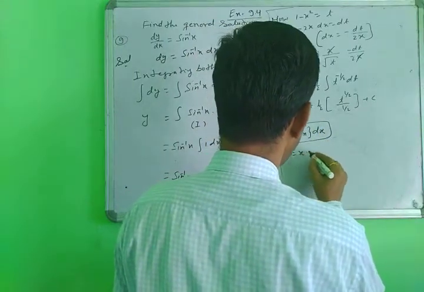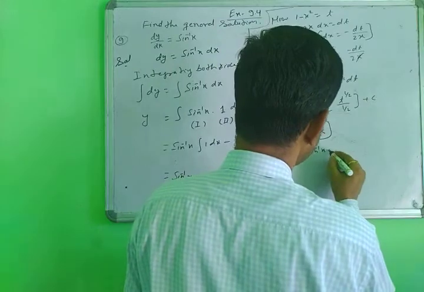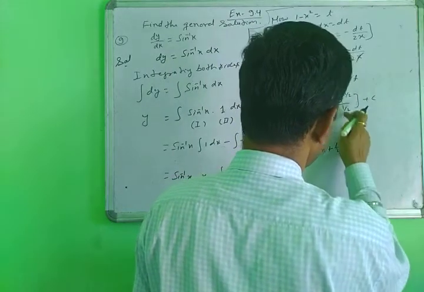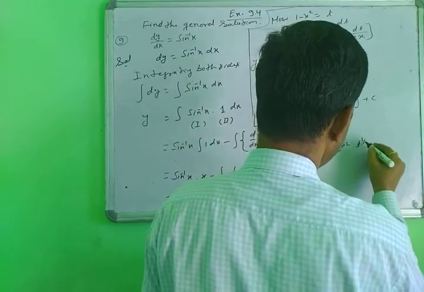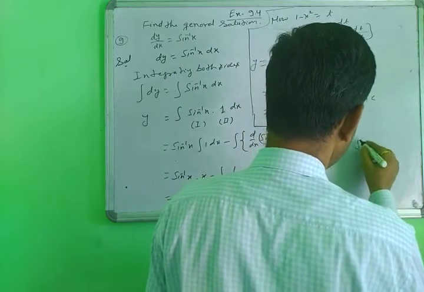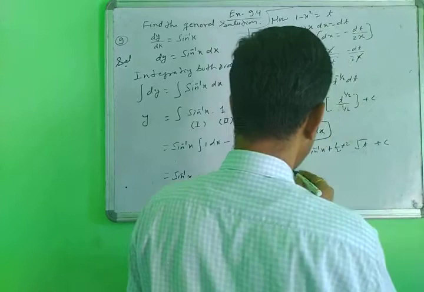Transposing the 2, we get y equals x sin inverse x plus 2 root t over 2, plus c.